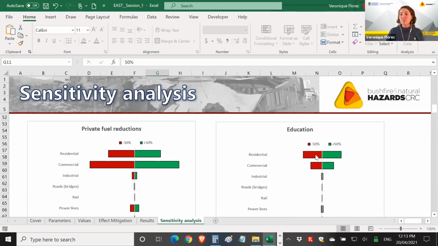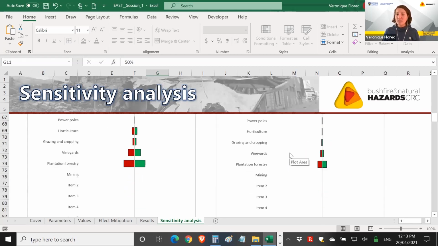So this is important because it's telling me that if I am pretty certain that the value of residential buildings that I have here in my analysis is fairly good, then that's fine. I am quite certain that this is good information, and I can have confidence in my results.